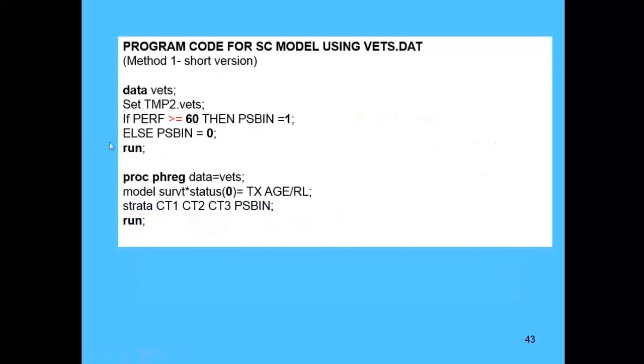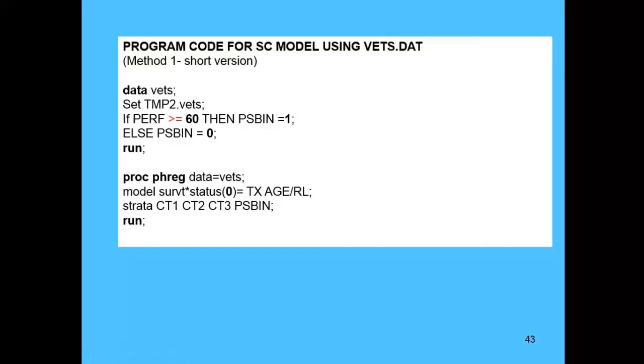Well, look at the code down here. There are 2 codes on this. The first one is just taking performance status and making it a binary variable. Look at the second code down on the screen here. See where it says model survt star status 0 Tx age slash RL? What's that statement doing?